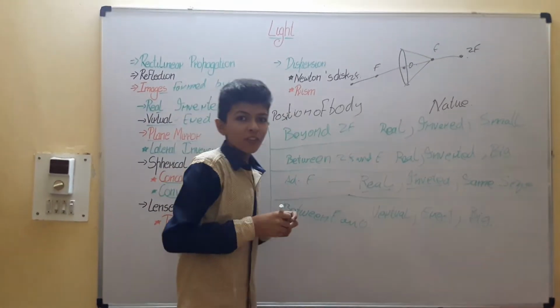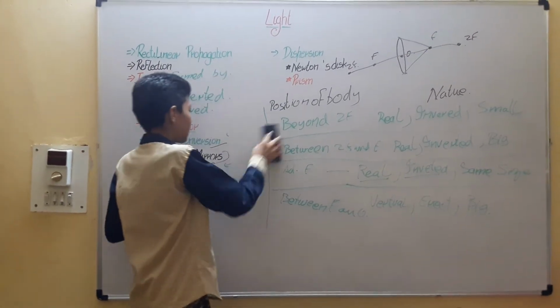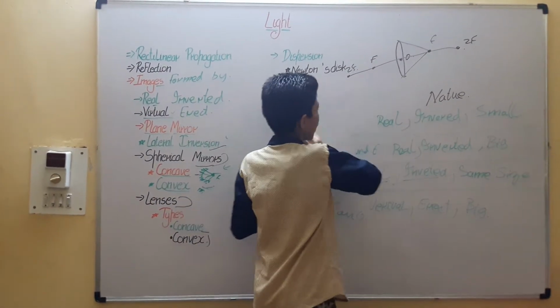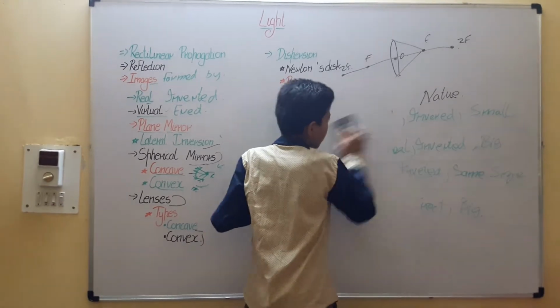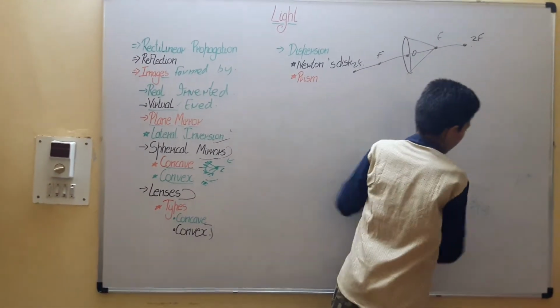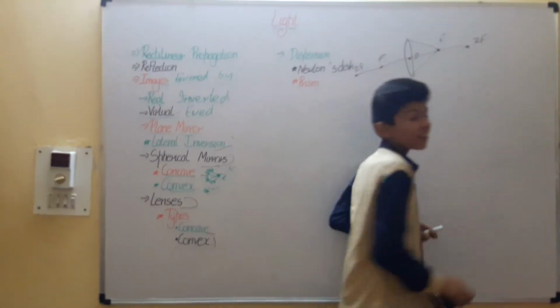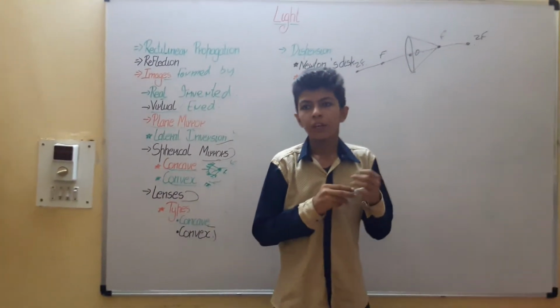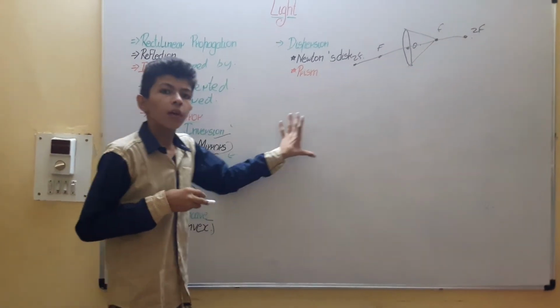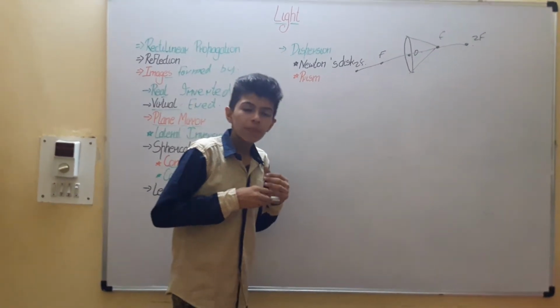So let's move to the dispersal. We know that when we mix two or more colors in equal quantity, we get the white color.